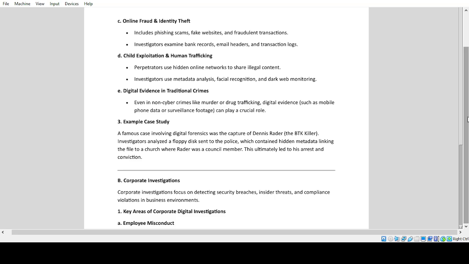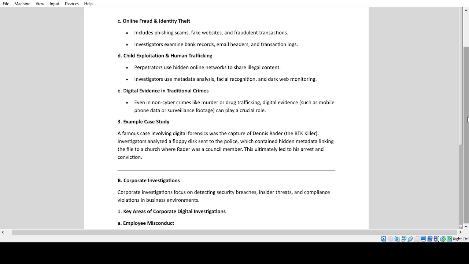B. Corporate investigations. Corporate investigations focus on detecting security breaches, insider threats, and compliance violations in business environments. 1. Key areas of corporate digital investigations. A. Employee misconduct.